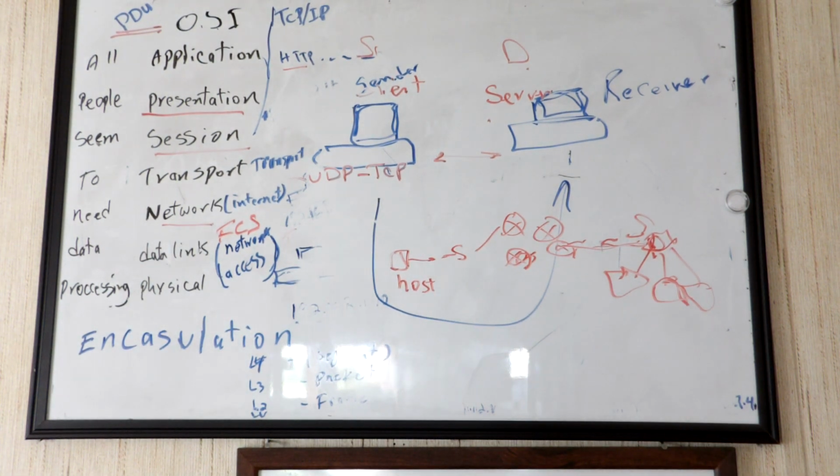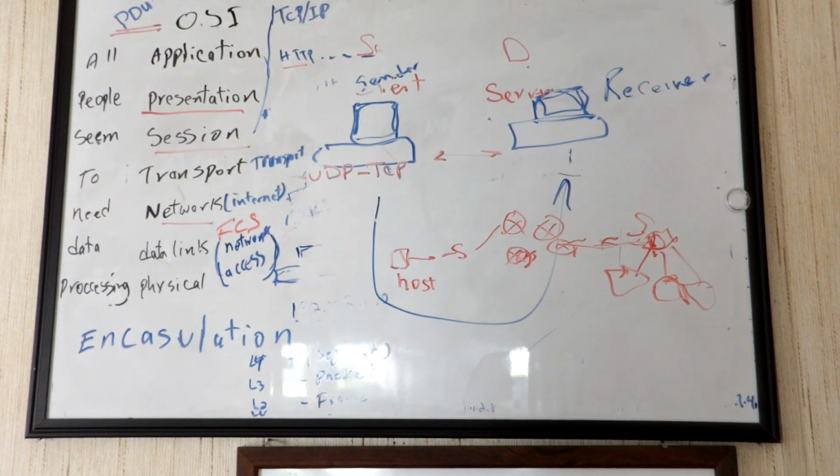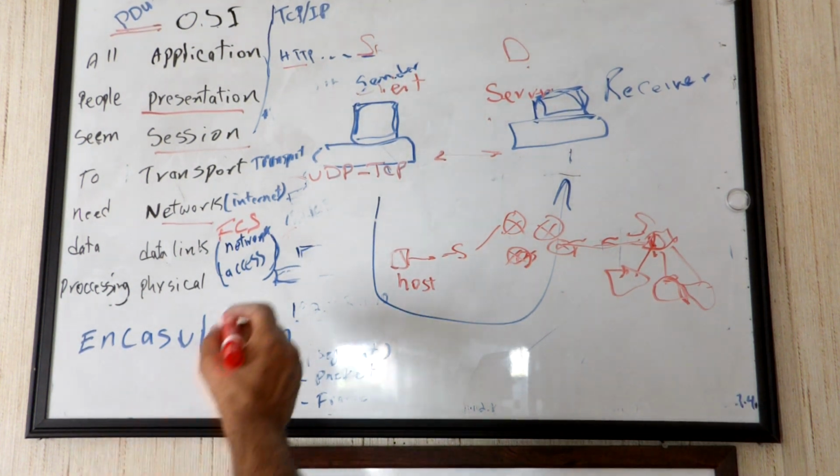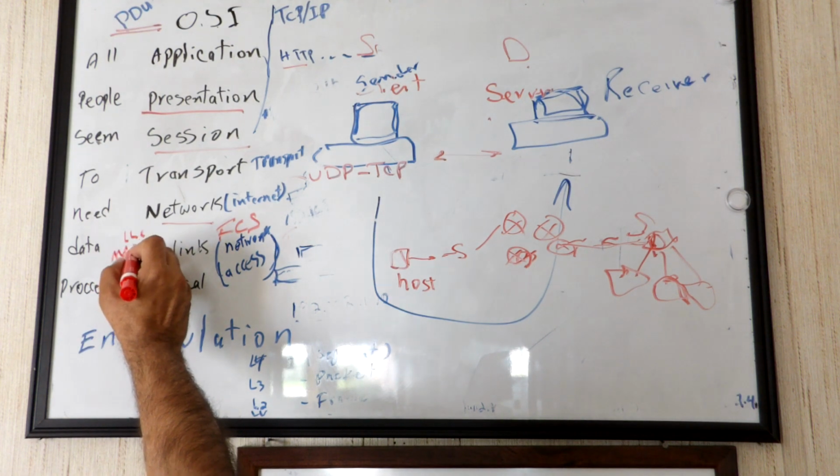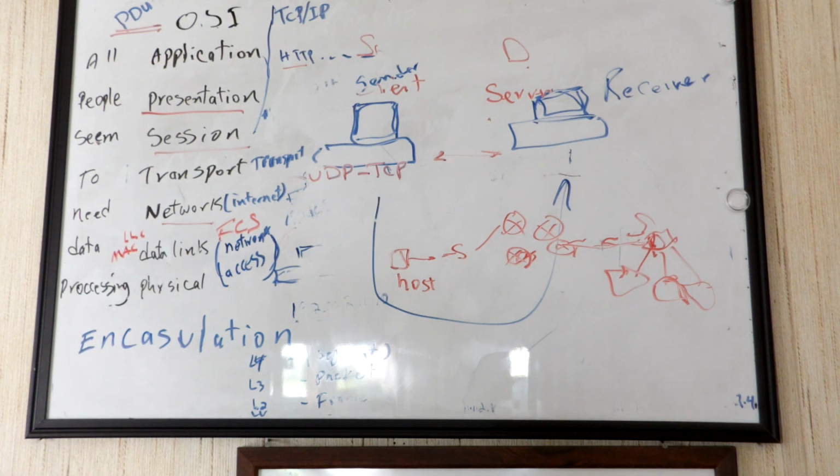At this layer there are two sublayers, LLC and MAC, logical link control and media access control. And these form the frames.